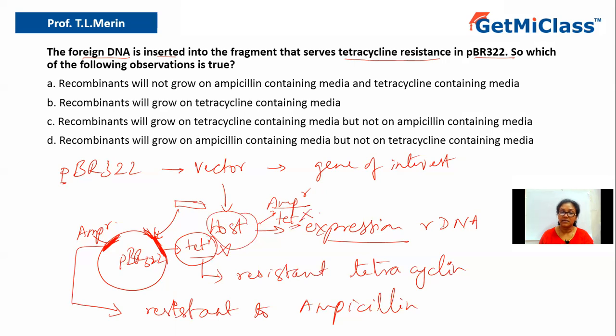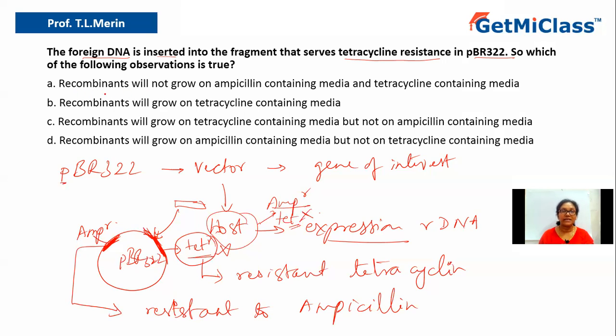Whereas in tetracycline medium, it will not grow, because the tetracycline antibiotic is there, and the gene for resistance is inactivated because of the insertion of the foreign DNA. This is called insertional inactivation, because of insertion the tetracycline resistant gene is getting inactivated.